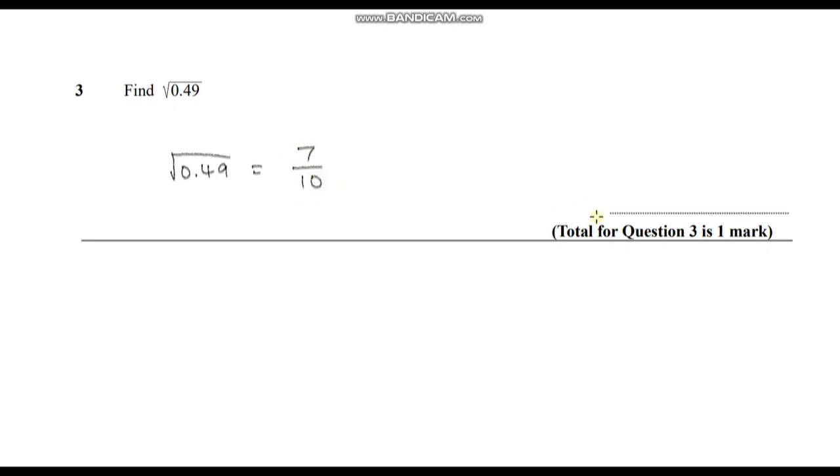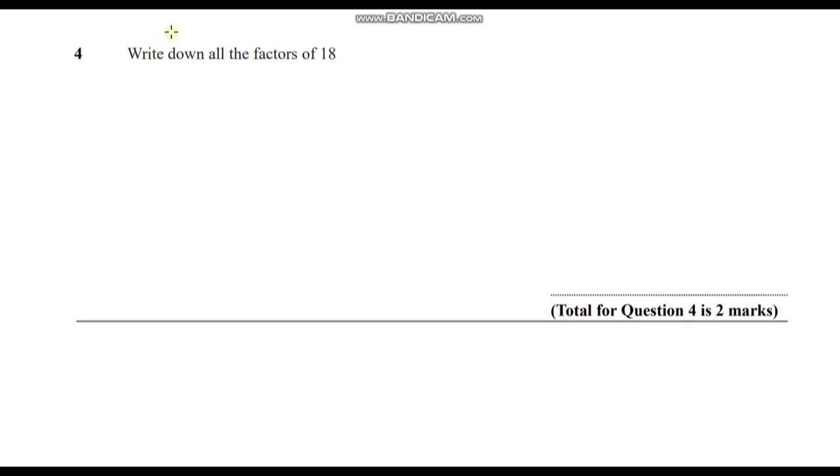There's nothing wrong with that. You would get the marks. But just because we've got a decimal in our question, let's give the answer as a decimal. You just need to press the S to D button on your calculator, and you can see that this is 0.7.